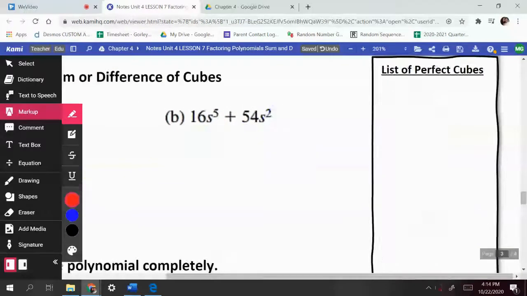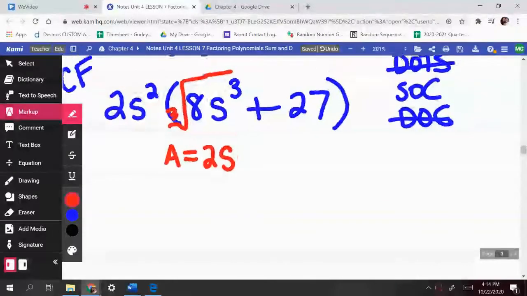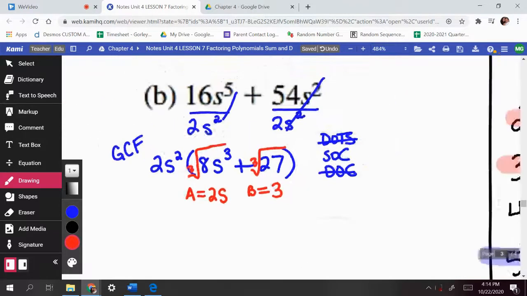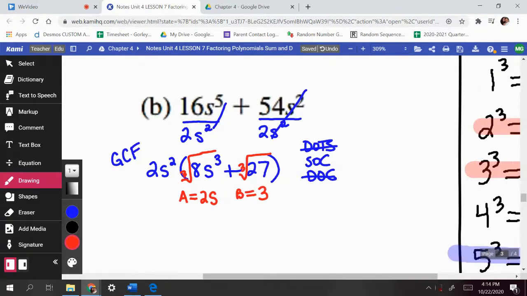Okay, what about 27? 27 is a perfect cube of 3. Right, so if I'm thinking, what is 27 the perfect cube of? It would be 3. So now I know what to plug in for A and what to plug in for B. Okay, let's keep in mind what our sum of cubes formula is. A cubed plus B cubed equals. Remember, it's going to be the same symbol inside the first parenthesis.